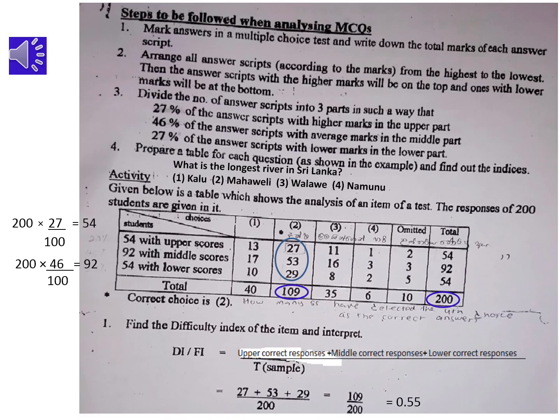Down below you can see the calculation. 27 plus 53 plus 29 divided by the total sample, here 200. So the total is 109 divided by 200, that equals 0.55. So the facility index is 0.55.